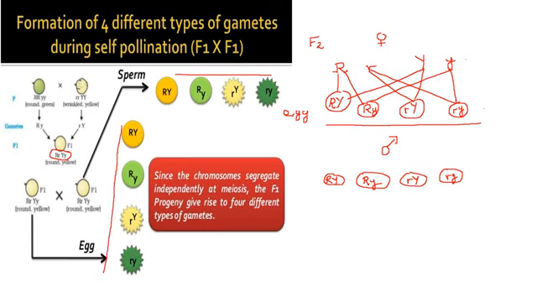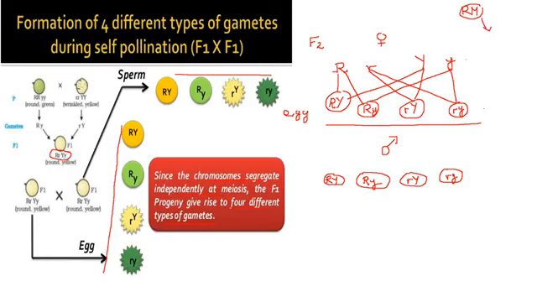Since the chromosomes segregate independently at meiosis, the F1 progeny give rise to 4 different types of gametes, because these genes are separating independently from each other. What do we mean by that? It means that these genes are not moving together in a package. Suppose capital R and capital Y are not moving together to form the gametes.